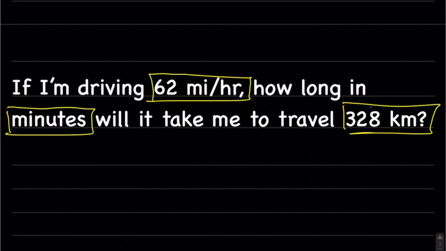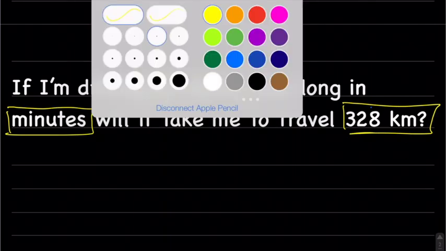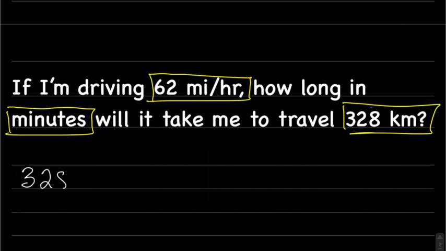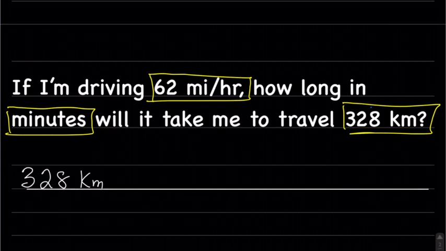Okay, so this is going to take a fair amount of planning. Let's see. So there's several different paths to get there. I'm going to show you one right now. I'm going to say, okay, I know I want to go 328 kilometers, right? And so that's going to be my given over 1.